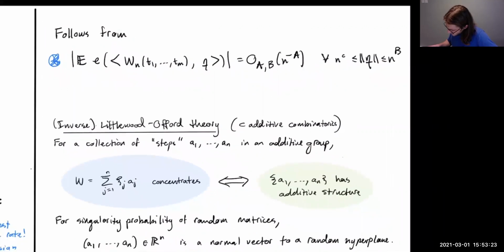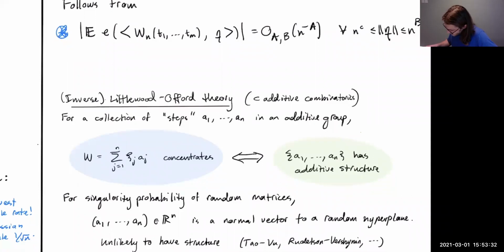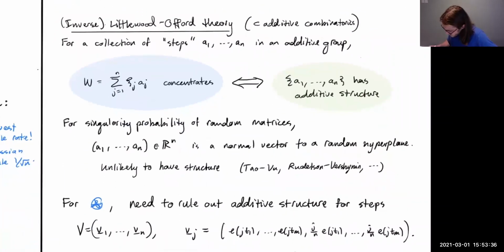All right, and then showing this is really the core estimate, the most technical part of the proof. If you haven't heard of it before, there's this inverse Littlewood-Offord theory, which is a part of additive combinatorics.